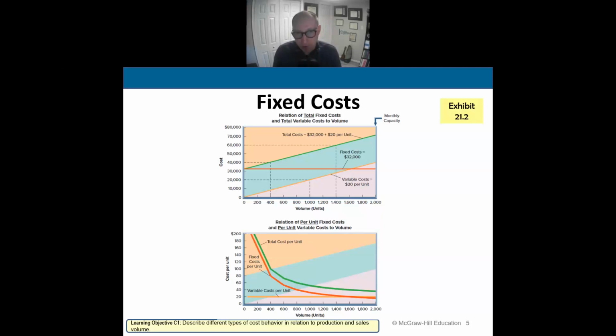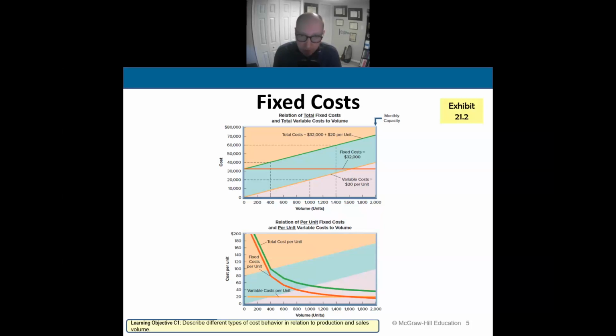What does change are the variable costs. Variable costs, as you recall, are costs that change based on the level of output, level of production. Variable costs change with the level of activity. The more units I produce, the higher my variable costs are.